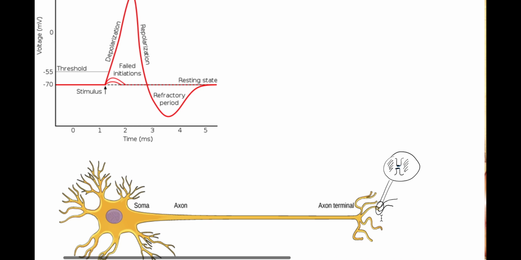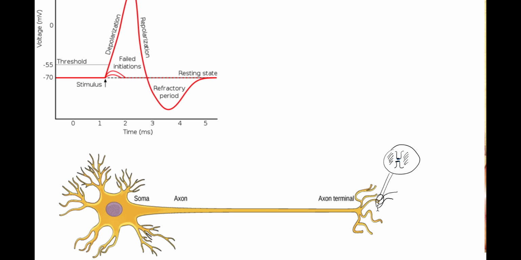The same happens here when the action potential reaches this junction, this pore. The action potential simply moves on to the other neuron. So it's as if the same neuron is extended into another. There's a contact between the two of them. That is the electrical synapse.